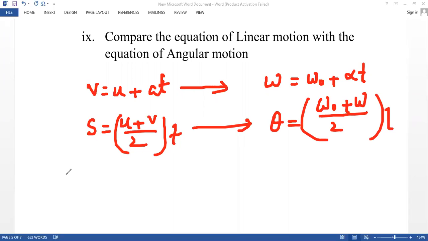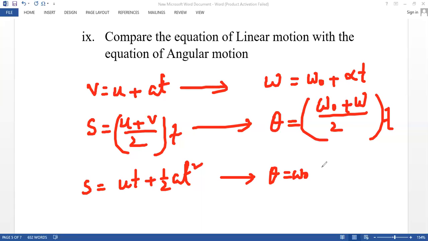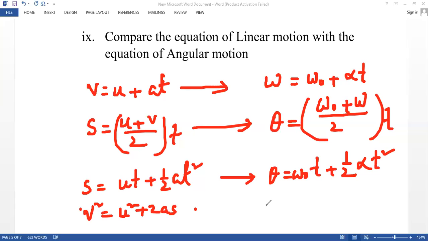Another equation, s equals ut plus half at square, becomes theta equals omega naught t plus half alpha t square. Another, v square equals u square plus 2as, becomes omega square equals omega naught square plus 2 alpha theta.